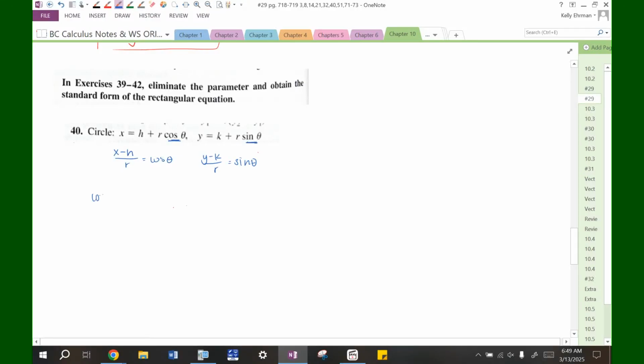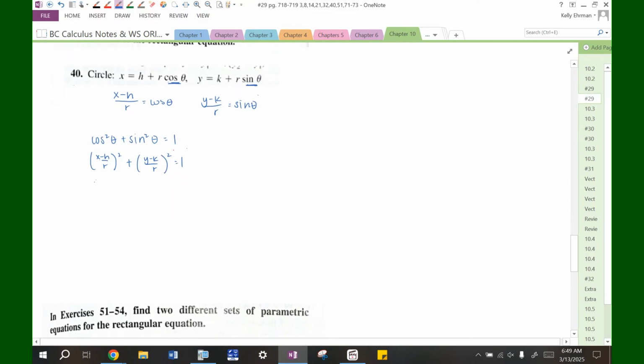And then we can use our same relationship, cosine squared plus sine squared equals 1. So that means you're squaring x minus h over r, and you're squaring y minus k over r, and that's equal to 1.